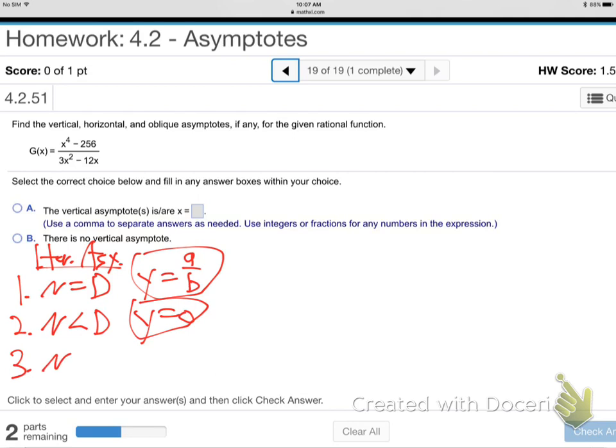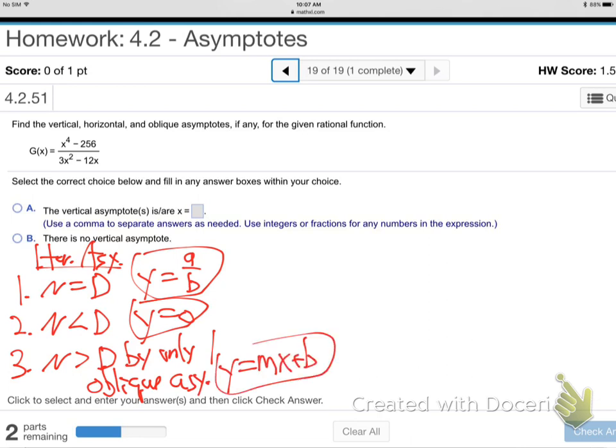If the numerator is greater than the denominator by only 1, then it's an oblique or diagonal asymptote, y equals mx plus b. Long divide the denominator into the numerator, as we just did.